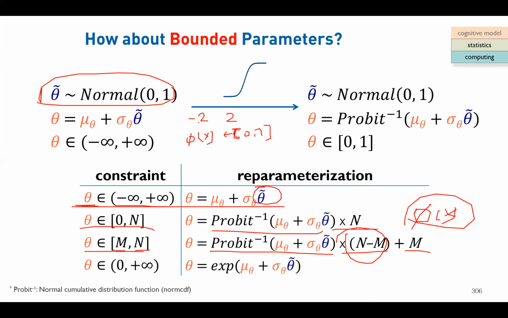So 2 minus -2 is 4. Then 4 multiplied by phi x is between 0 and 4. But I want -2 to 2. How to do it? Well, subtract 2. So everything will be between -2 and +2. So this is how that works.